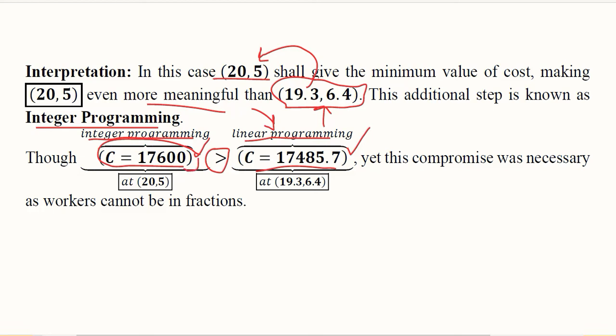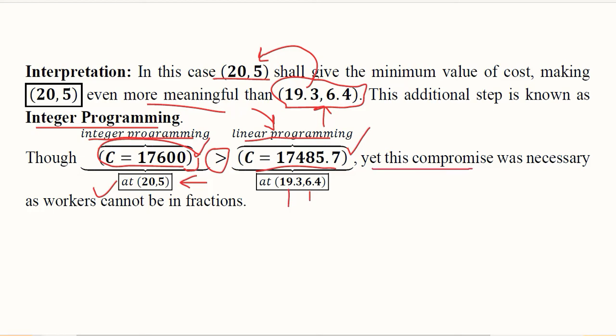But the problem is that we cannot violate the number of the workers, who should be a complete number, and therefore this is the combination that can befit the situation where 20 full-time workers and 5 part-time workers should work instead of 19.3 and 6.4, which is not logically acceptable.